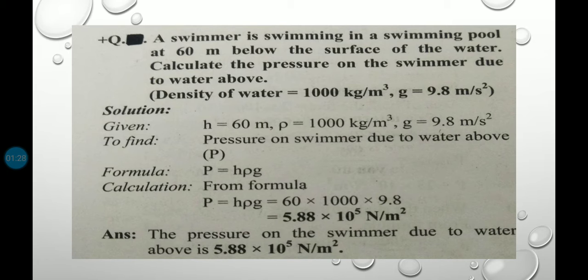This is the simple formula, and all values are given to you: h is equal to 60, rho is equal to 1000 and g is 9.8. When we calculate these values, we get the pressure on the swimmer due to water above as 5.88 into 10 raised to the power 5 Newton per meter square.